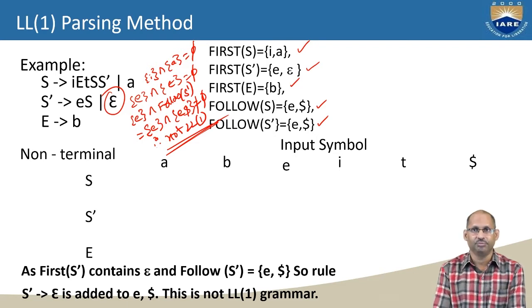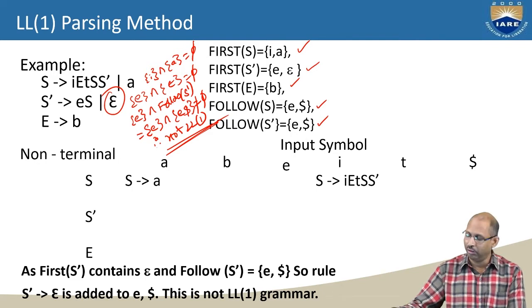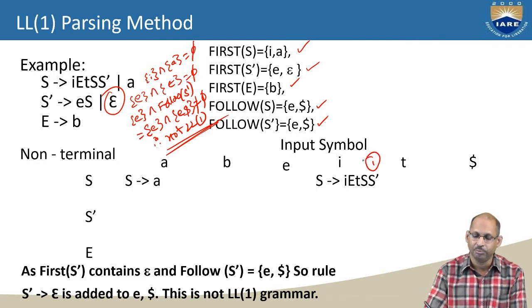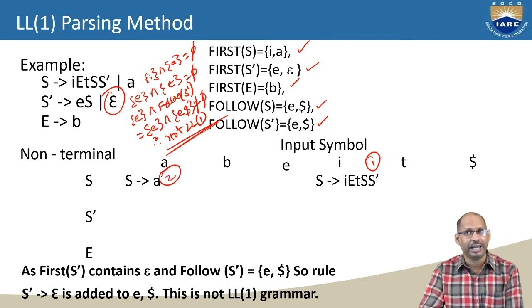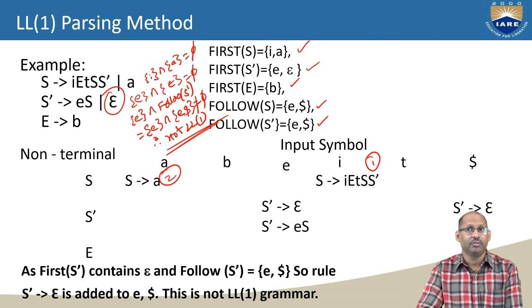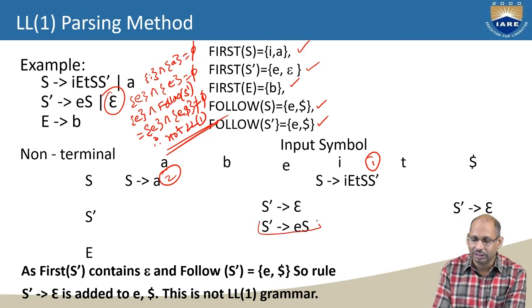Then we also check this in the construction of the table. For the first production, we have written it under the I symbol, and for the second production under the A terminal. Then for the third production.